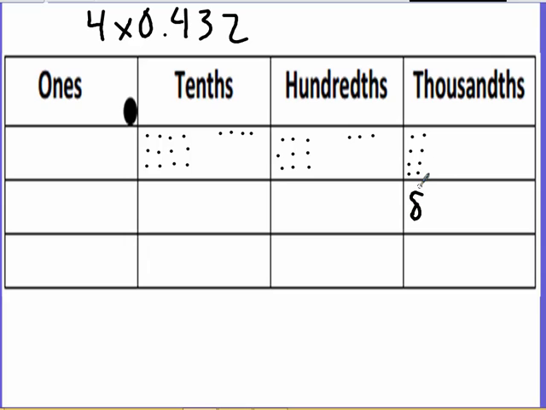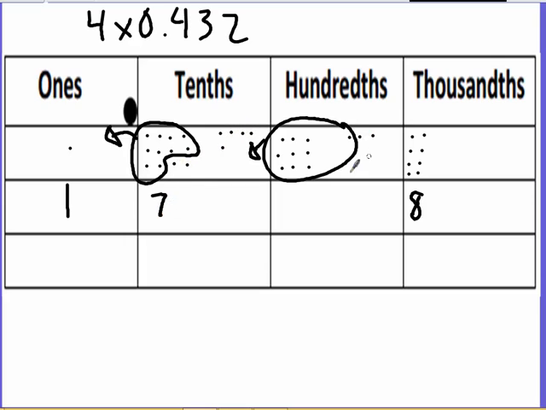This would be 8. Remember, I have this group, so I bring it to the next one over. Here I have a group of 10, so it is brought to the next one over. I'm left with 1, 1, 2, 3, 4, 5, 6, 7, 2.